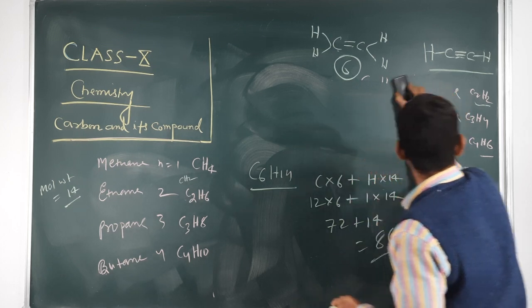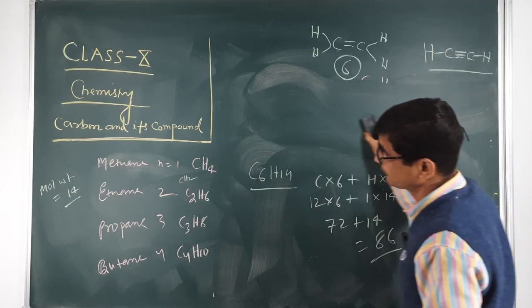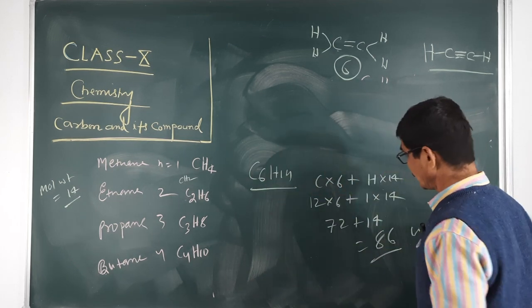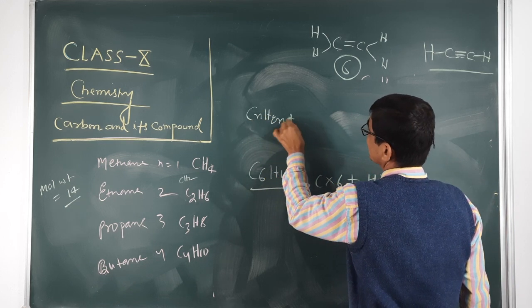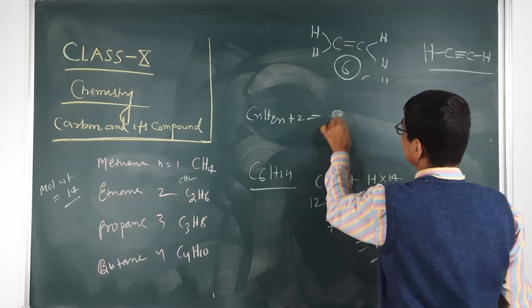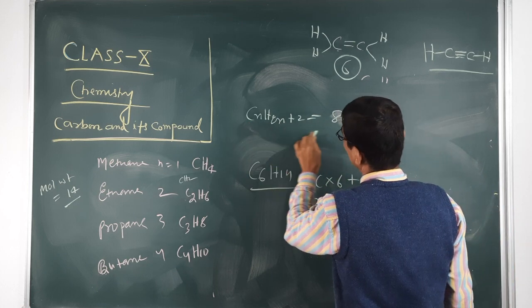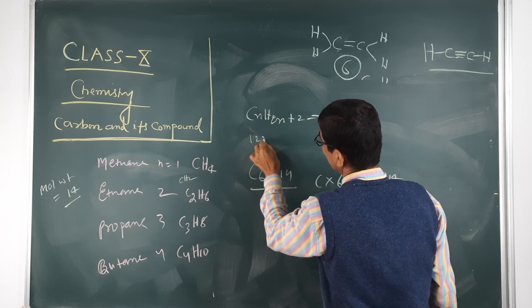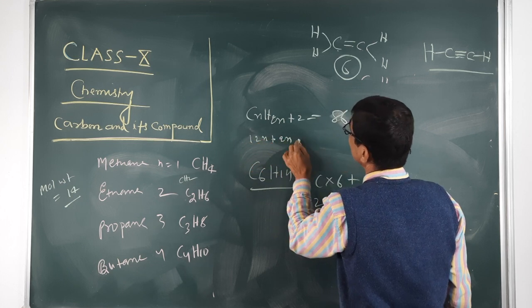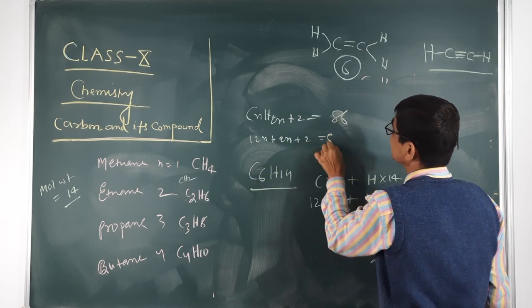The same thing applies in the case of alkene and alkyne, but the general formula is different. So the general formula of alkane is CnH2n+2, equal to 86. So what is the atomic mass of carbon? 12. So 12n plus 2n plus 2 equals 86.